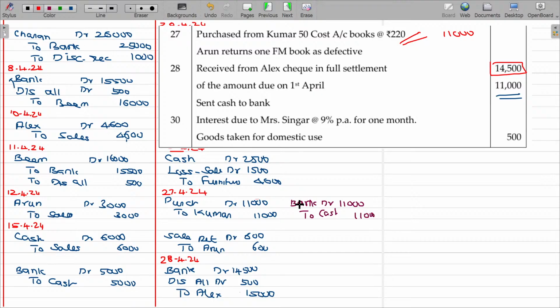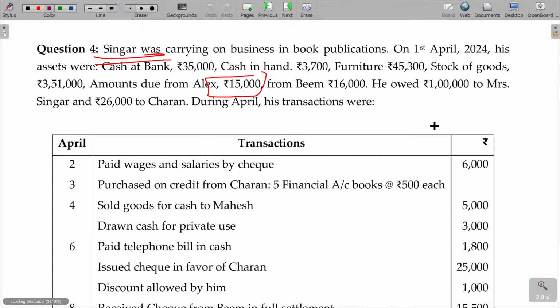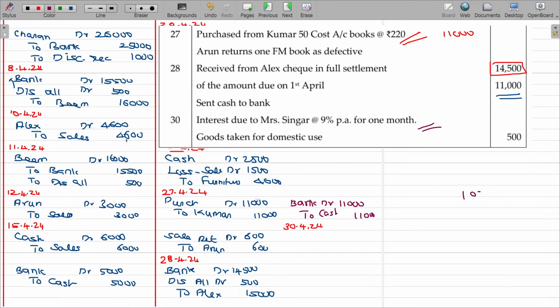The next one being on 30th April 24, the last day of the month. Interest due to Mrs. Singer at 9% per annum for 1 month. What is the amount payable to Mrs. Singer? 1 lakh. For that 1 lakh, 9% interest payable per annum, but 1 month is due.